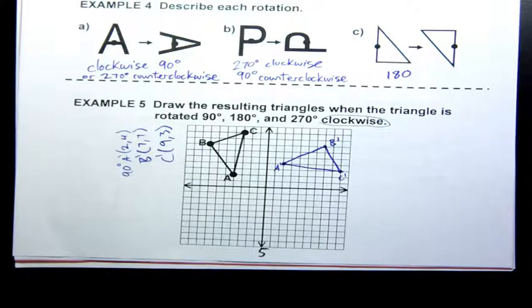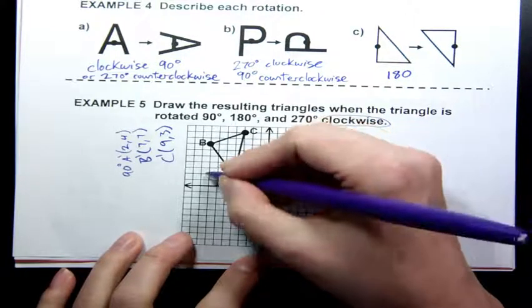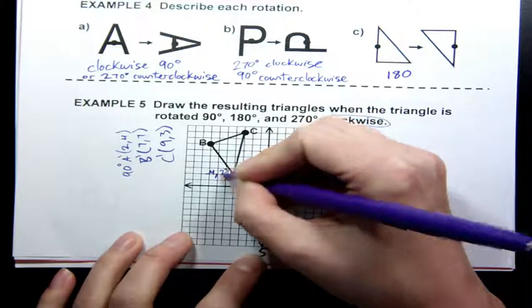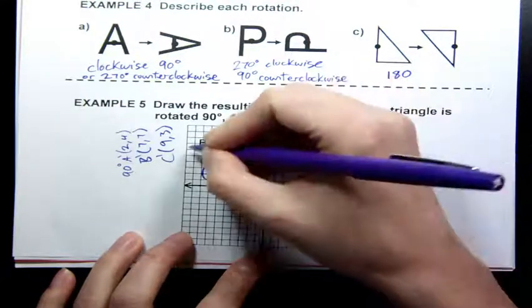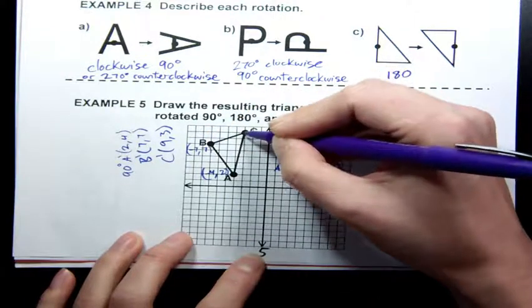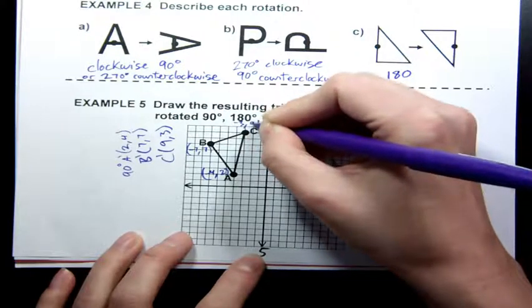The other way we could do it is, if I labeled these points, the original points were -4, 2, and this was -7, 7, and this was -3 and 9.